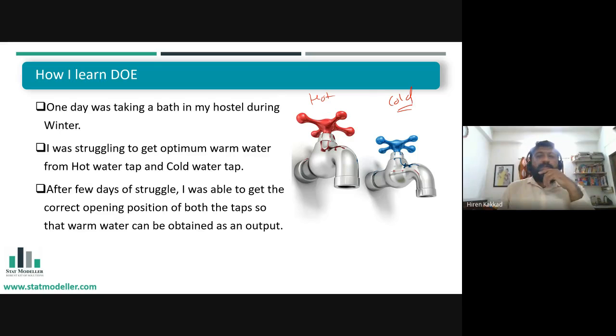If I run only this tap, I'll get very hot water, which I cannot use to take a bath. If I use only the cold water, that is also not feasible in winter. But I need to optimize, some of the water from here, some from here, so that I get the optimum output and can take a bath.